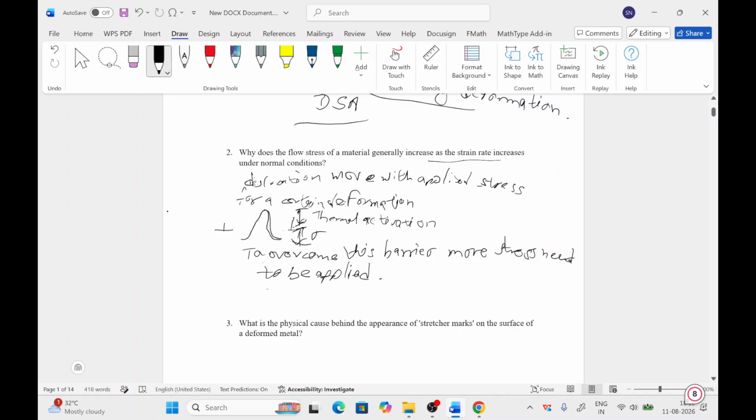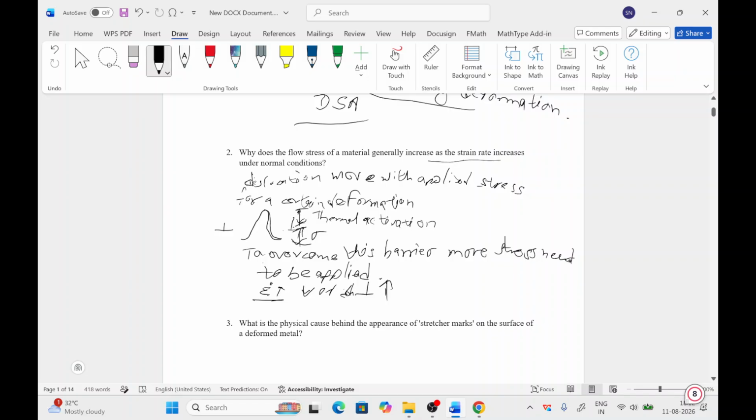With increasing strain rate, epsilon dot, the velocity of the dislocation also increases. It has to overcome the barrier as soon as possible because we have increased the strain rate.